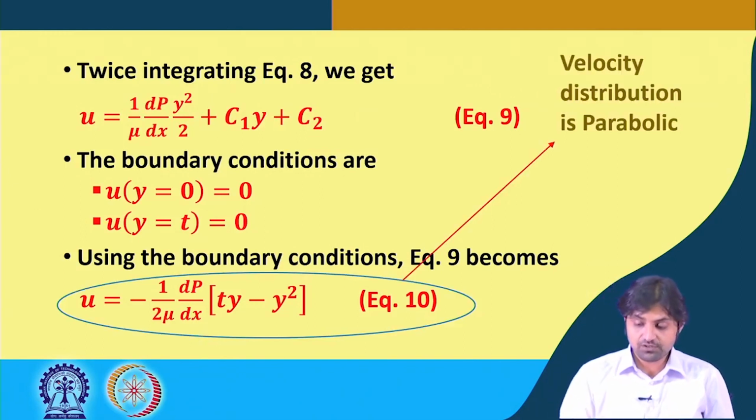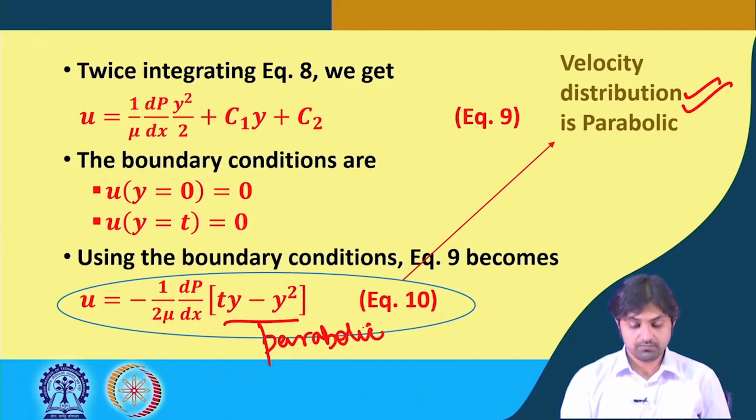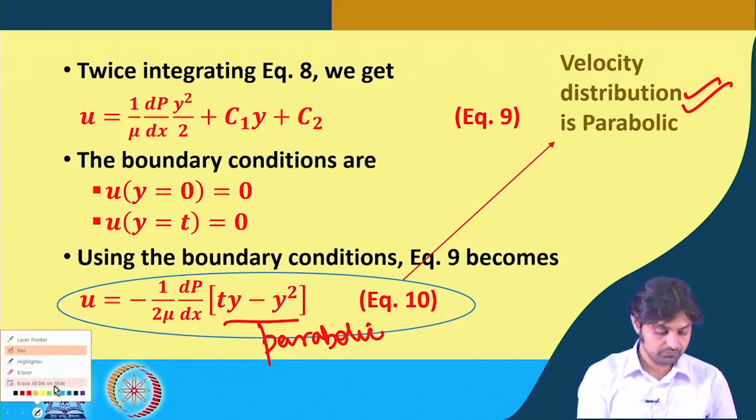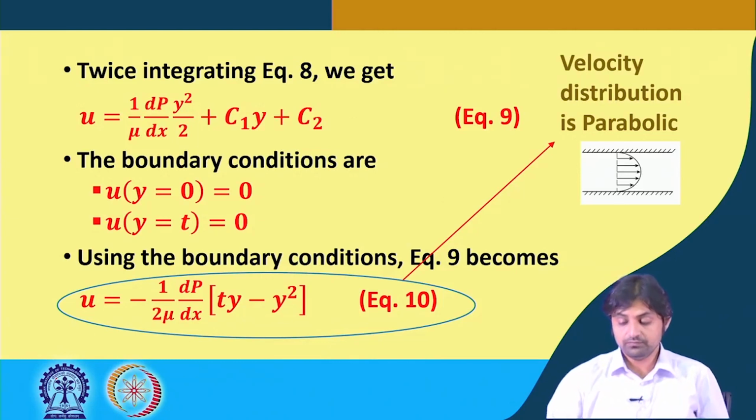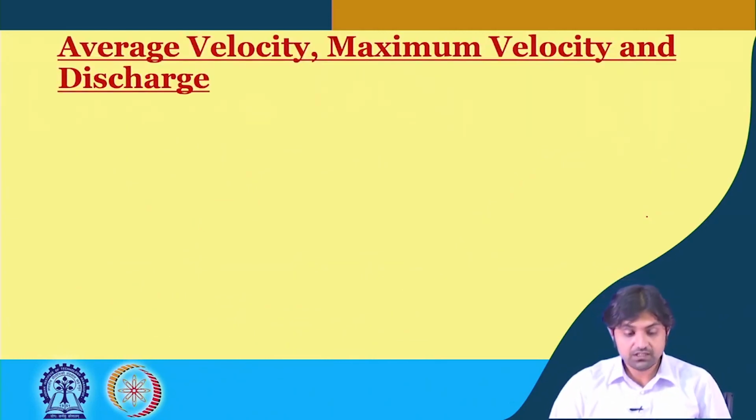Here also the velocity distribution is parabolic. You see, ty minus y square, parabolic in nature. This is how it looks. Now, repeating the same procedure for average velocity, maximum velocity and discharge.